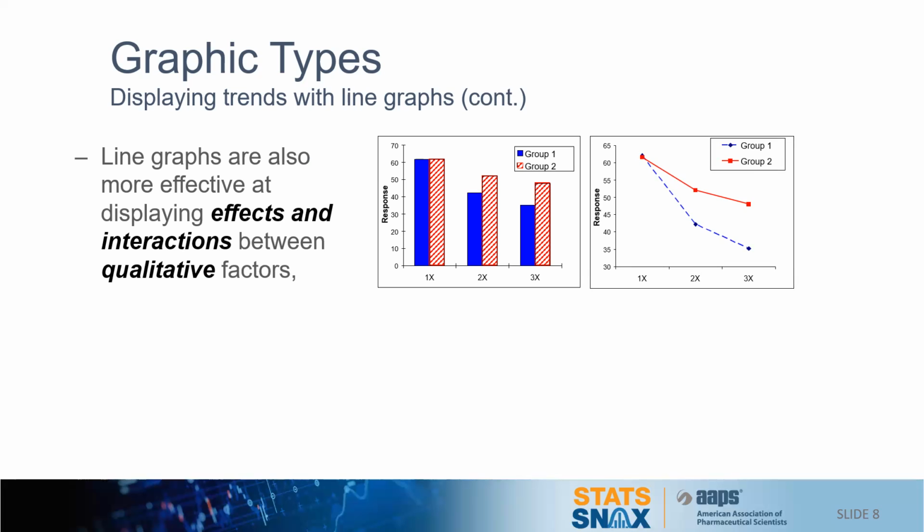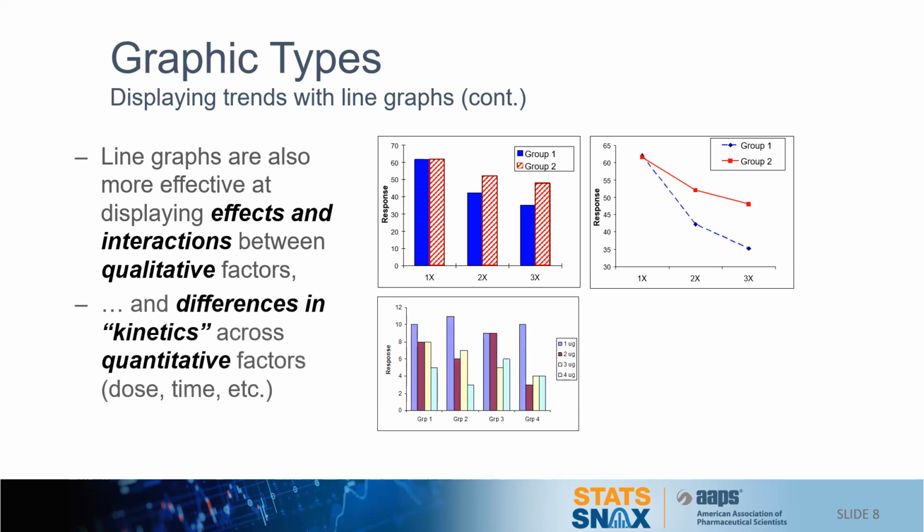And what we might conclude from this is there are interactions between groups and the factor 1x, 2x, and 3x, because the lines intersect or do not have the same change in rate as you go from one level of the horizontal factor versus the two groups.